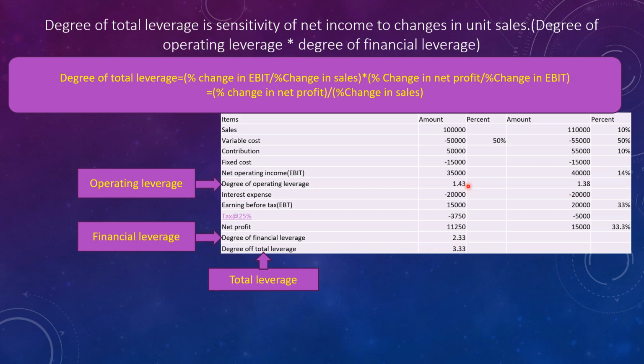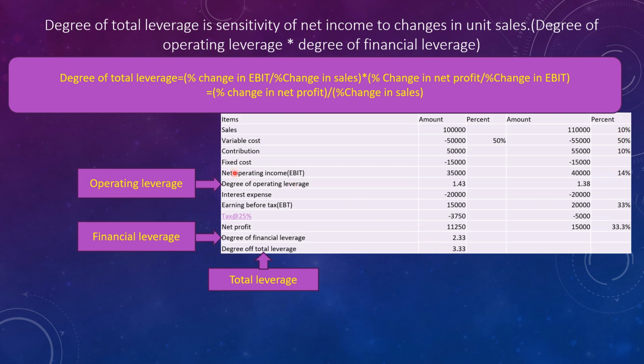So if we multiply the two, it gives the degree of total leverage equal to 3.33. So the percentage change in net profit is 33% and the percentage change in sales is 10%. So this divided by this is equal to 3.33.